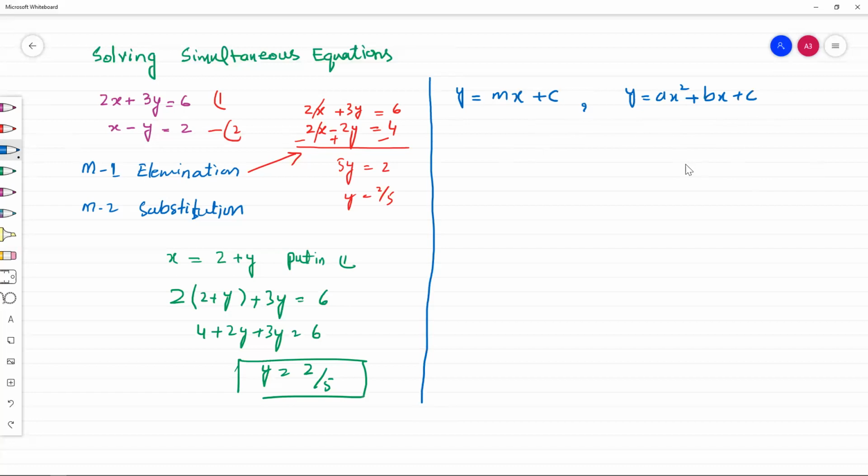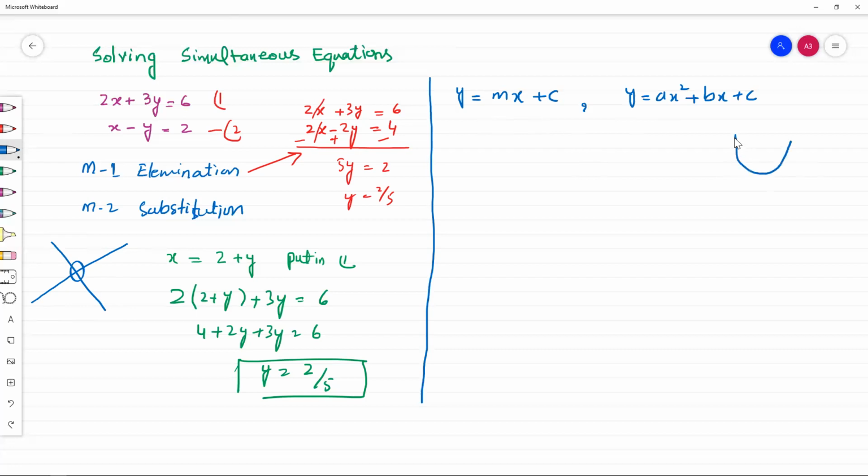First, look graphically at how many solutions are possible.